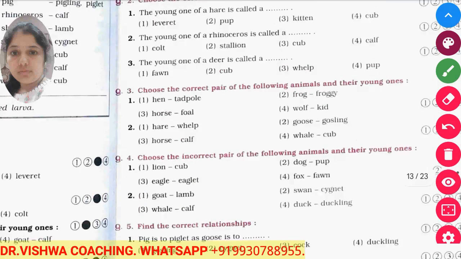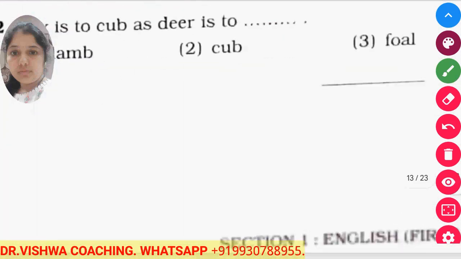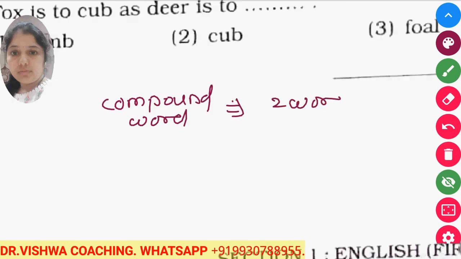In this way, in today's session we learned 3 things. First we learned about the compound word, which is a meaningful word formed by joining 2 words together, either with a dash in between them or written together.